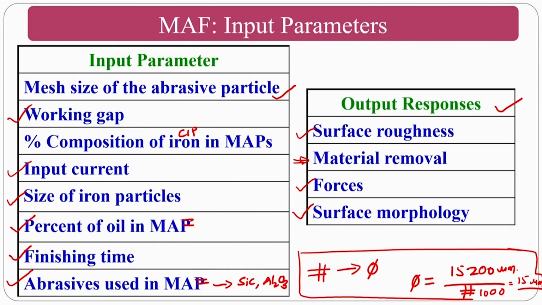Assume that I want to get 1 micron surface roughness: you may get 1 micron by the grinding process, by the fine boring process, and also by the fine turning process, but the morphology will be different.